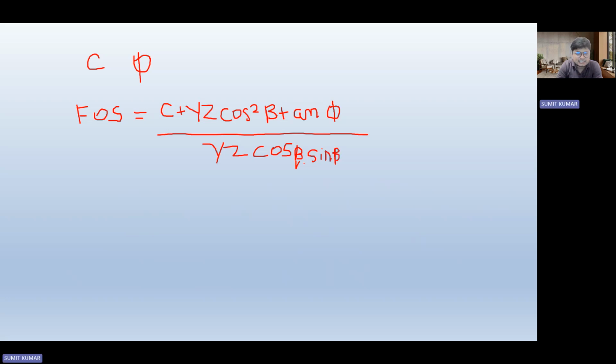Okay. This is the normal condition, dry condition, I am not writing, you understood by yourself. And the other condition is also there when there is a submerged condition. Then this correlation gets converted, as gamma dash by gamma z, into C plus gamma dash z cos square beta into tan phi by gamma z cos beta sin beta.